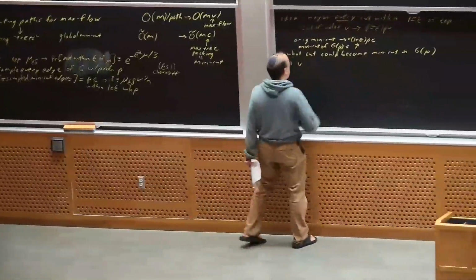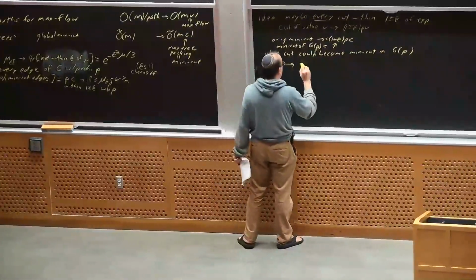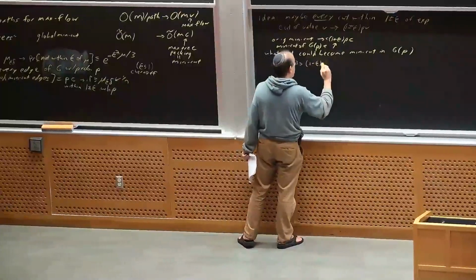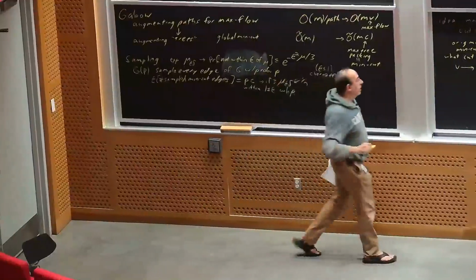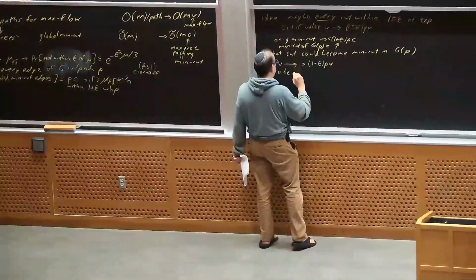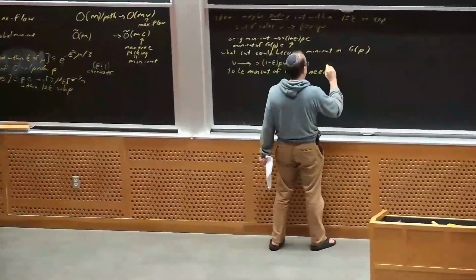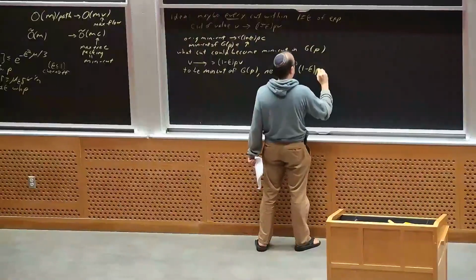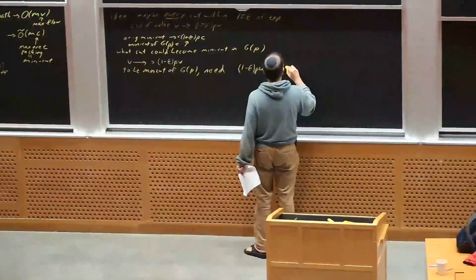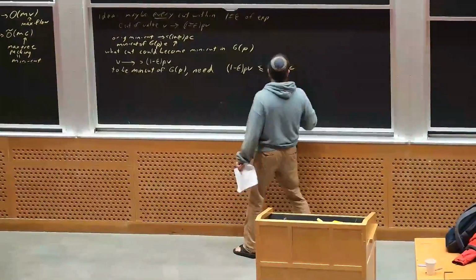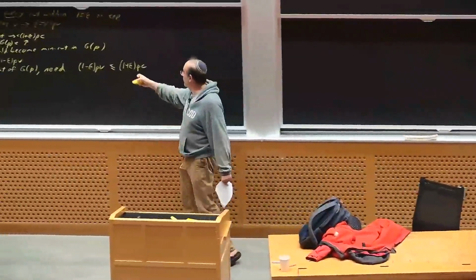Well, if we start with a cut of some value v, our argument is that its value is going to be more than 1 minus epsilon pv in the sample, right? So to be the min cut of G of p, we would need for its value, which is at least 1 minus epsilon pv, to be less than or equal to the value of the minimum cut in the sample, right?